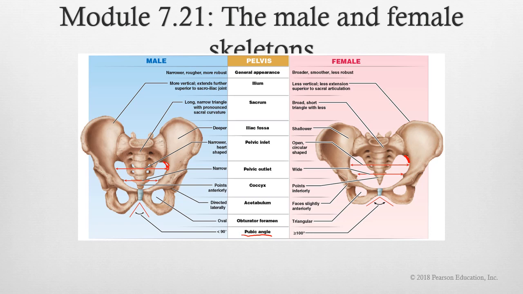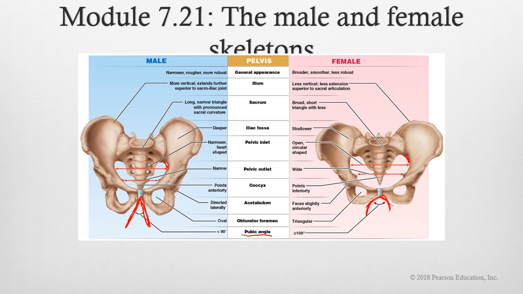For the pubic angle, in a male, it's very narrow, and so it looks more like a V. If we were to flip those pelvi over, we'd see more of a V shape from the male, and in the female, we see more of a U. So it's more of a U there, and in the male, it's more of a V between the two.